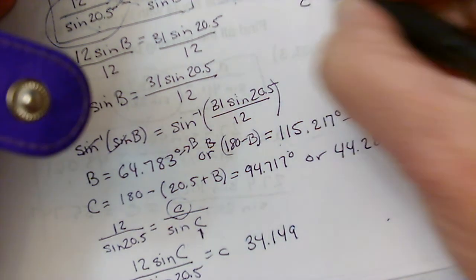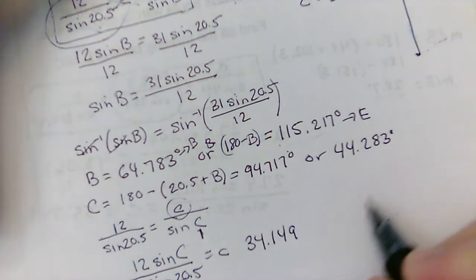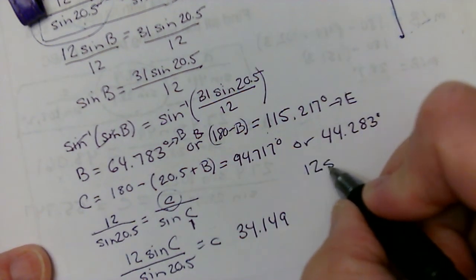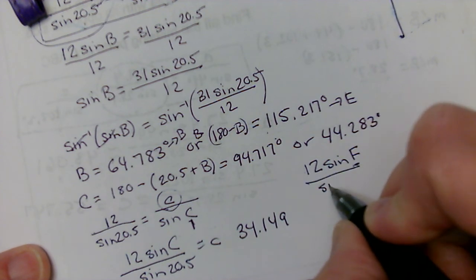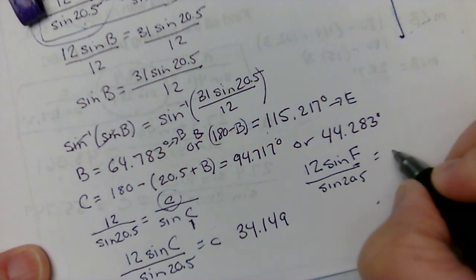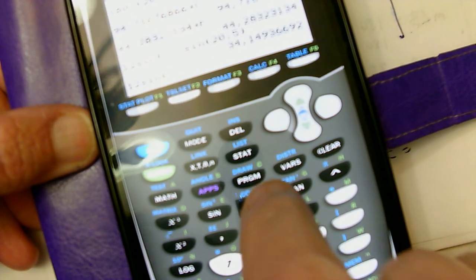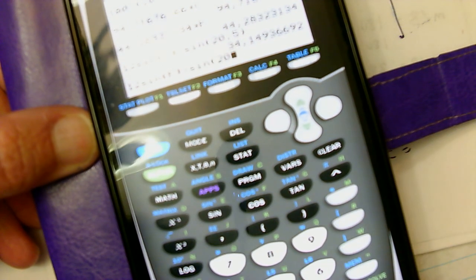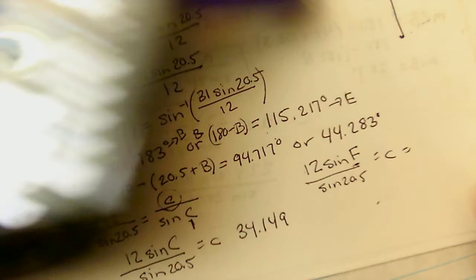So that would be the solution that goes with my first solution, 34.149. And then I also need to solve 12 sine of, remember I stored the second solution into F, over the sine of 20.5, which is 23.924.